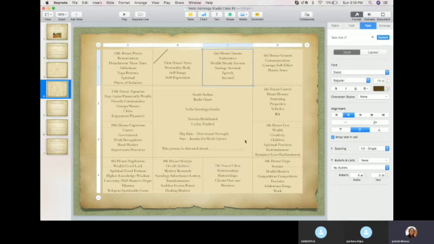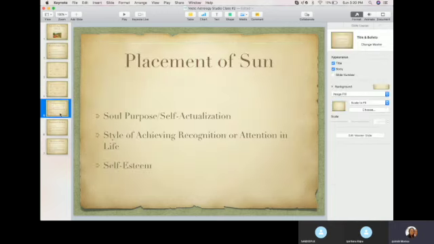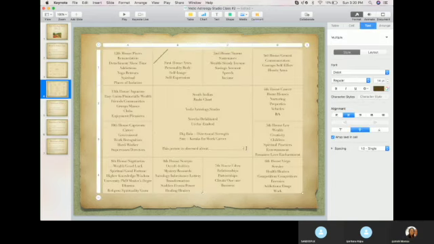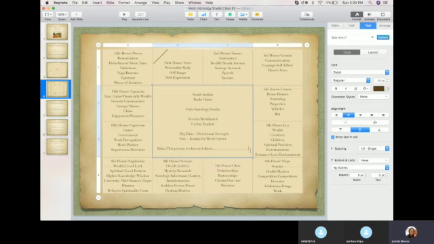So you do the same thing with the sun and the moon. With the sun, I'll stay here because that's easier. That's Rahu. With the sun, you're going to do the same thing.